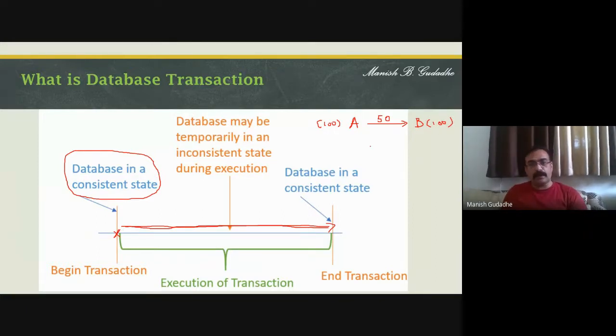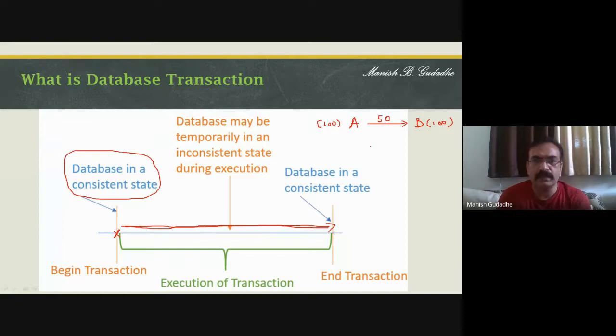Now in this simple transaction, what is the initial state? Account A balance 100, account B balance 100. Okay, so that is a simple consistent state.